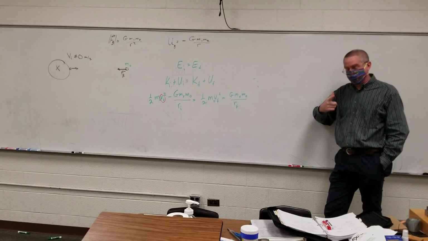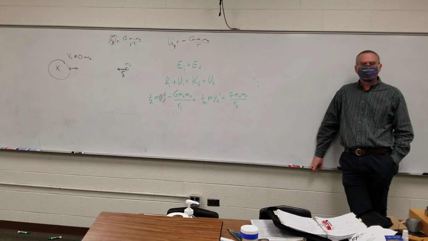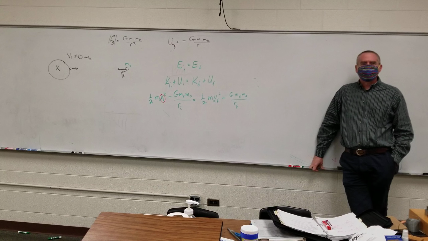Yes, U final. Why can we get rid of U final? Because there's no gravity. Oh, yes, there is. Once you pass the gravitational escape point, quote unquote, gravity wouldn't affect it anymore, would it? Or are we not past that? You never get past it.